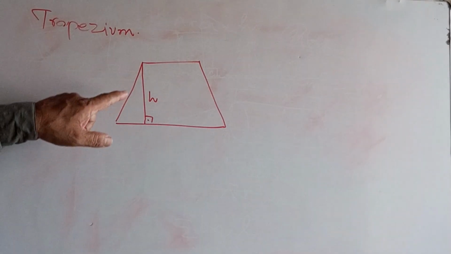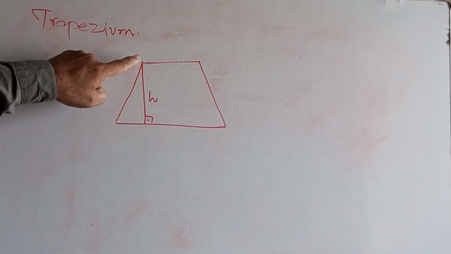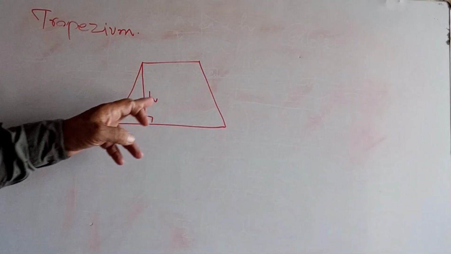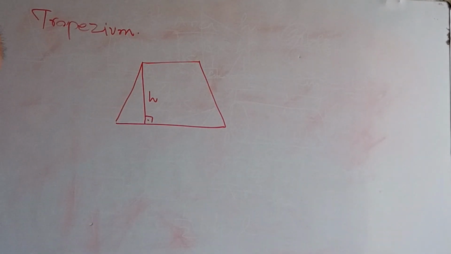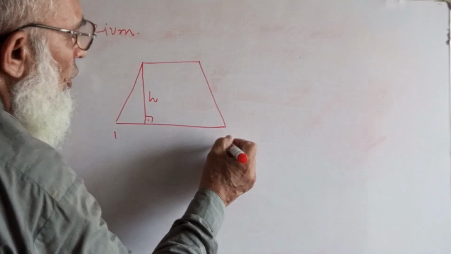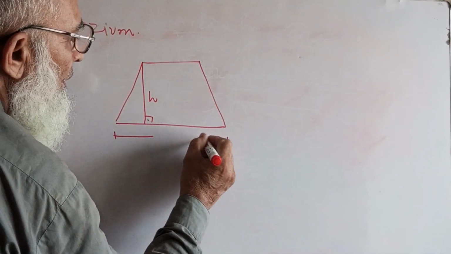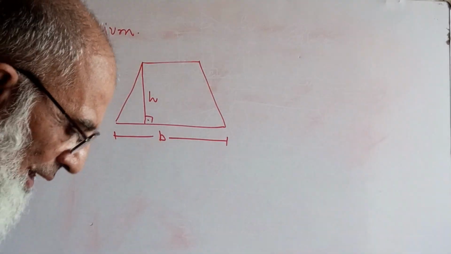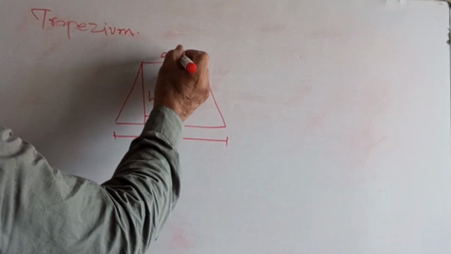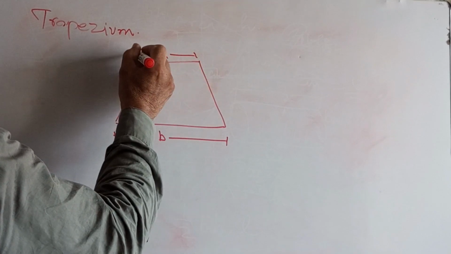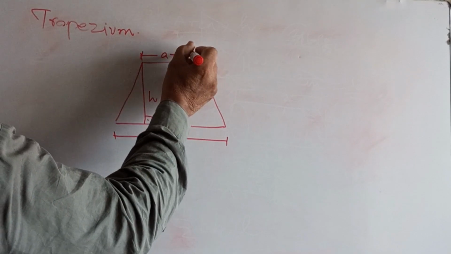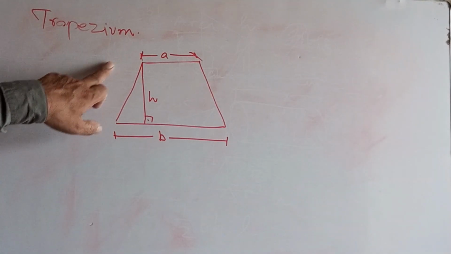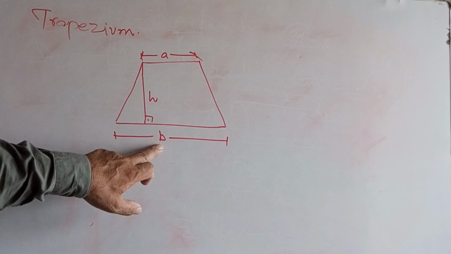Now this side is called the base of the trapezium, and this is the other side of the trapezium. This is the top side and this is the base of the trapezium.